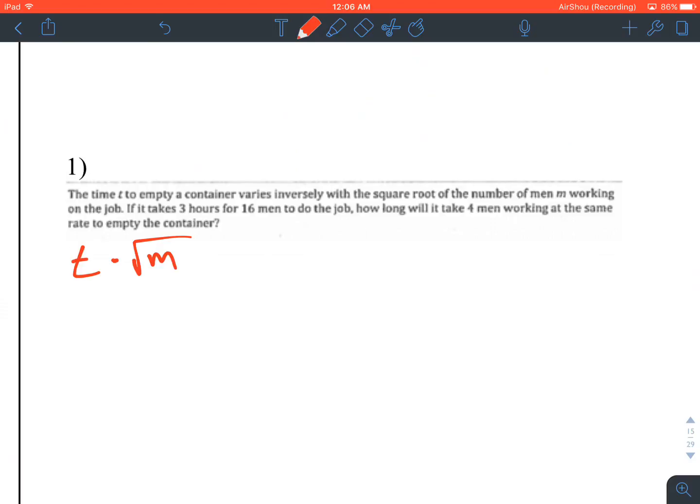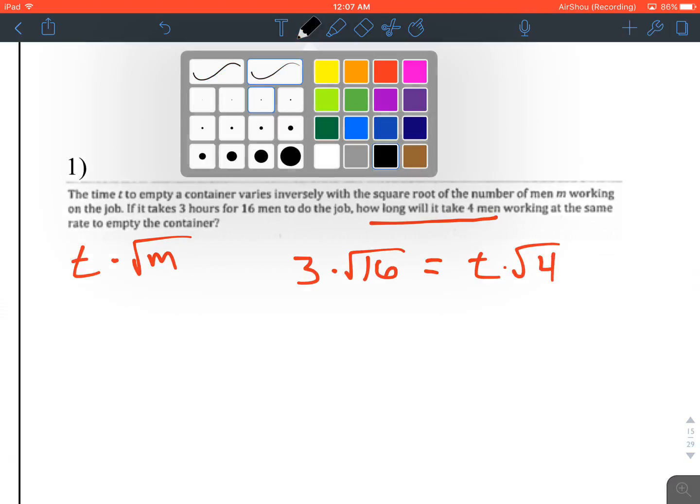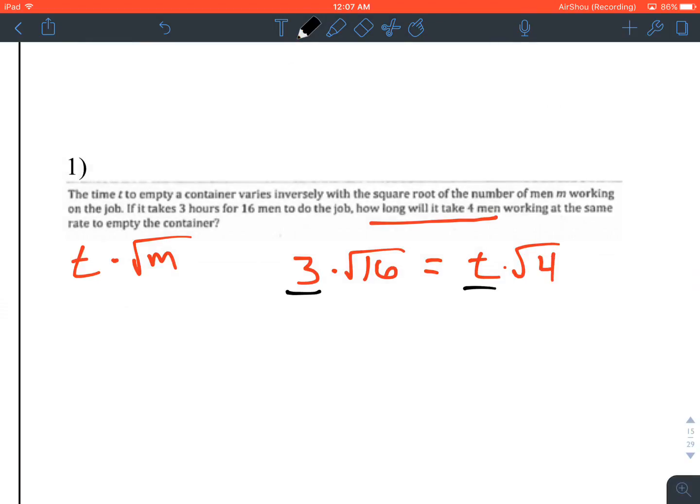If it takes 3 hours for 16 men to do the job, so 3 hours, that's the time, times the square root of 16 equals, how long will it take for 4 men, working at the same rate? I wrote that backwards. Time is first. We don't know what that is. 4 men. So in each case, we've got the time, 3, and we don't know. We've got the men, 16 and 4.